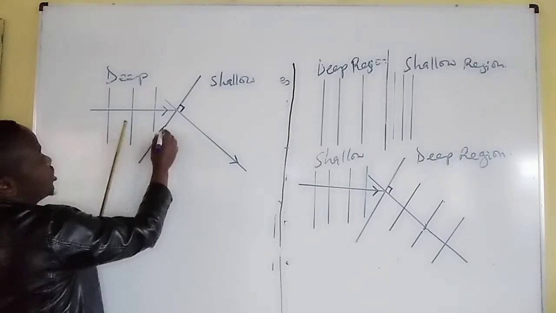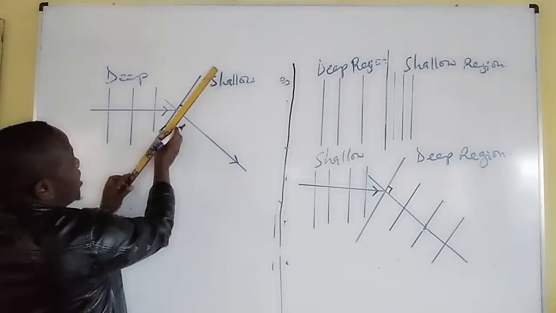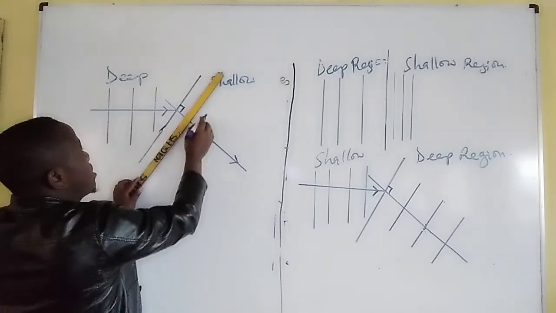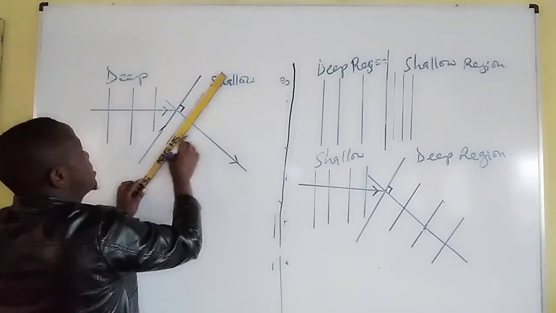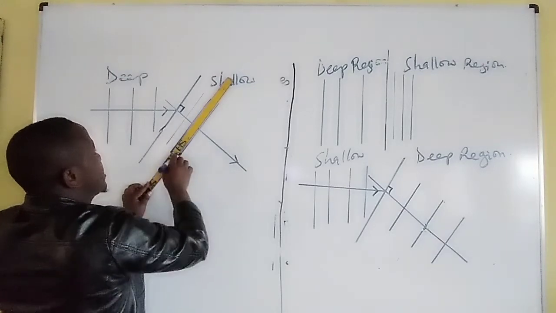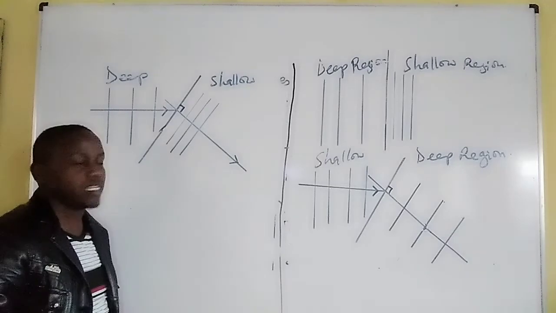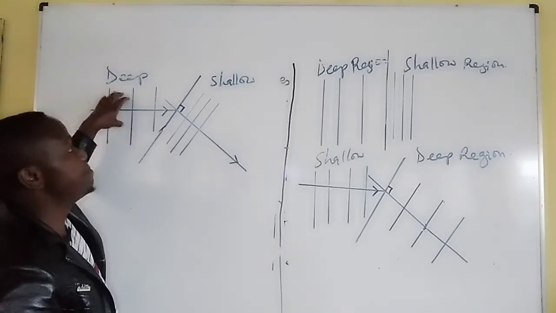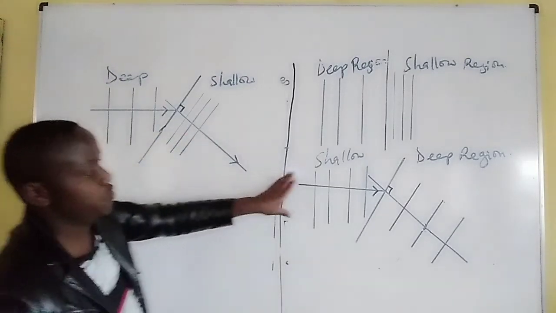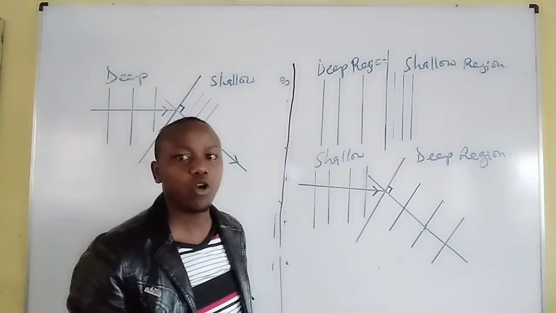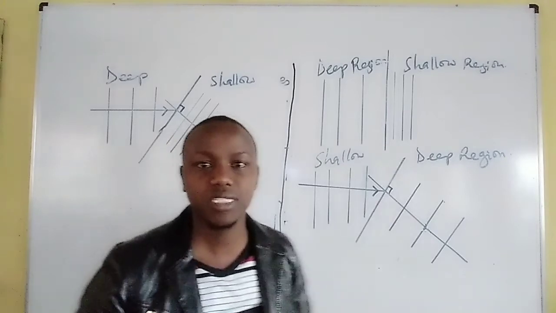Because it is to a shallow region, the waves will exit when they are more squeezed than in the other case. So that is how we get the waves refracted from a deep to a shallow region, and this is from a shallow one to a deep one. That is what we call refraction of water waves.